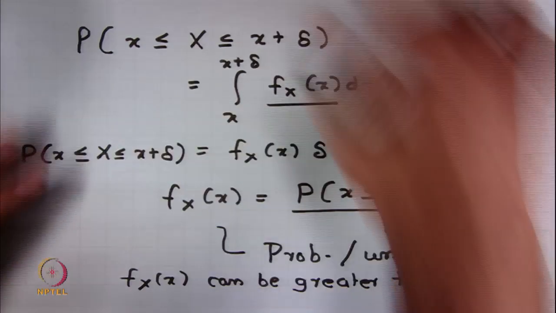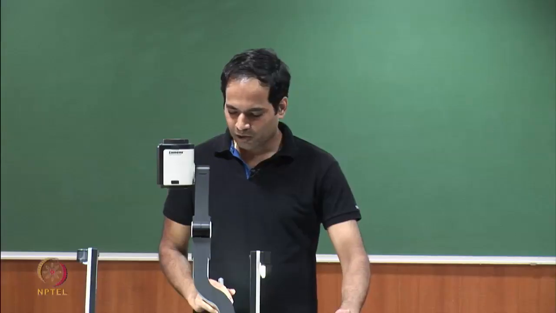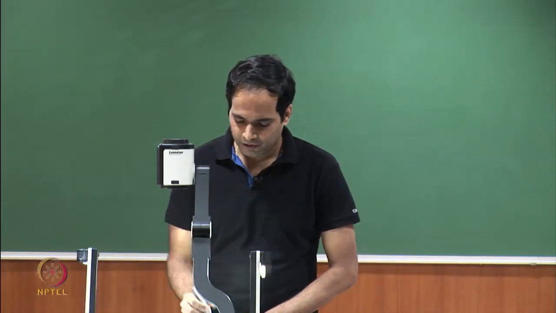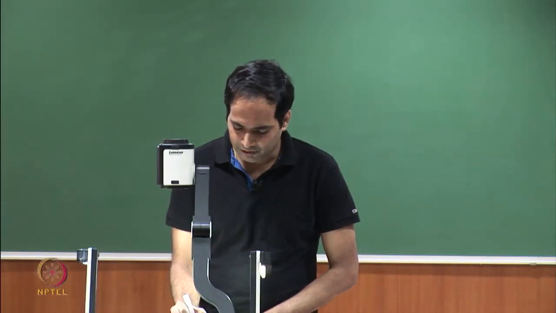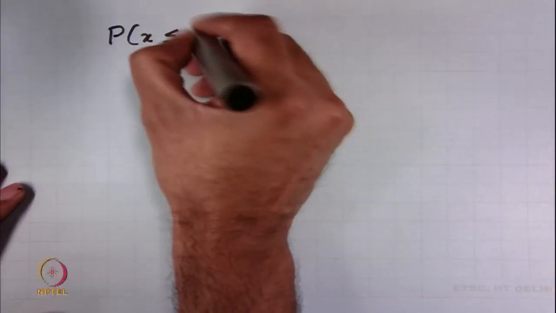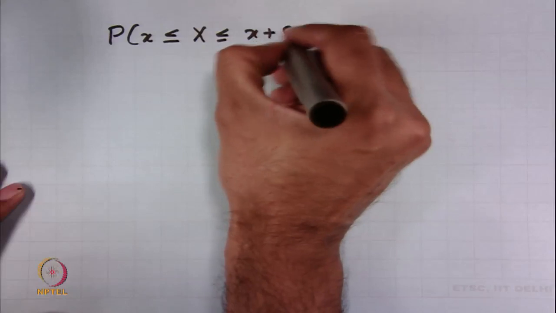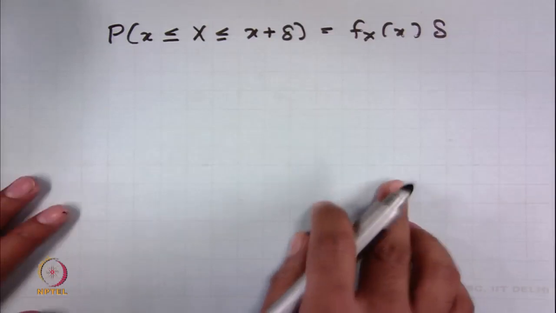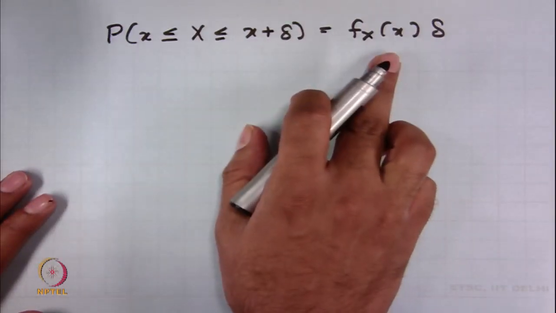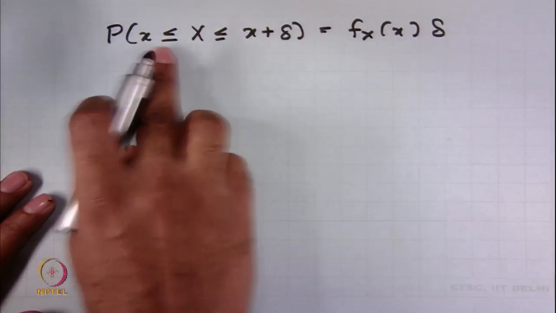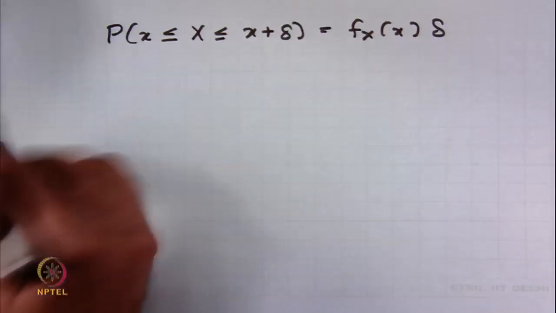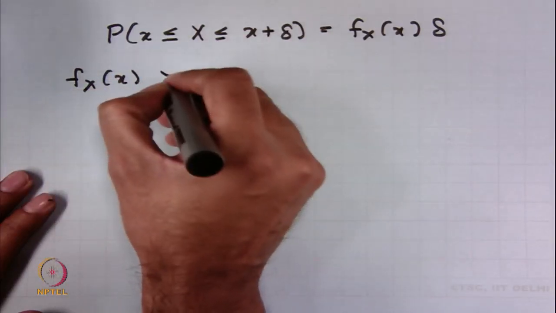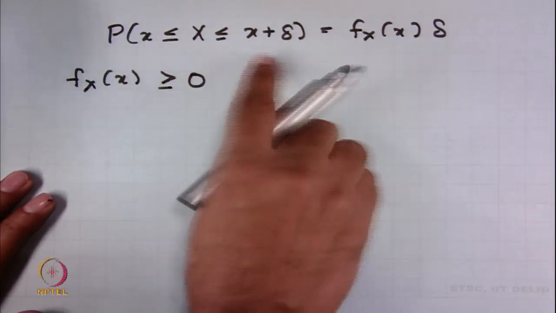Okay. So, let us see what other properties this probability density function would satisfy. So, let me write that expression again, so that it is extremely clear what we are talking about. If you look at this expression and if you reason out, because the probabilities can never be negative themselves, this probability density function is also always positive, because probabilities can never be negative.